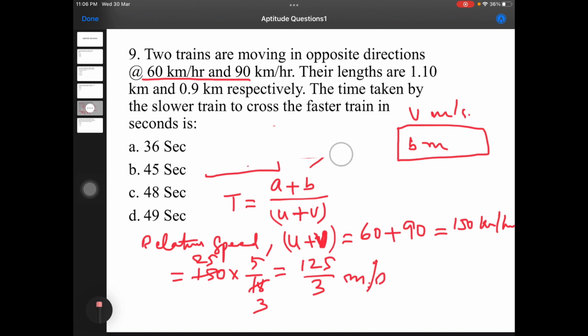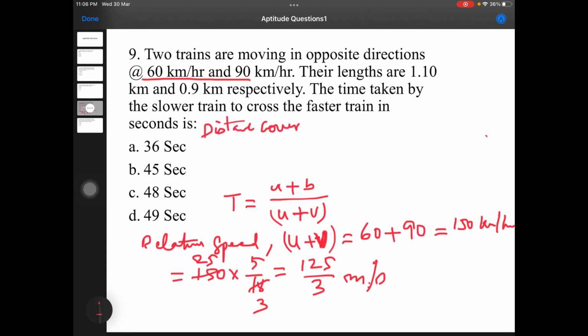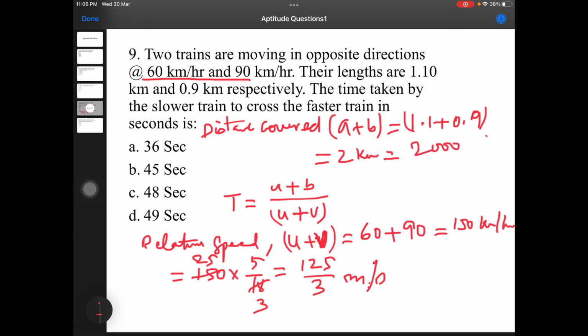And now let's find the distance covered, that is a plus b, which is given to be 1.1 kilometer plus 0.9 kilometer, that is 2 kilometer, and this 2 kilometer we have to convert into meter, that is 2000 meter.